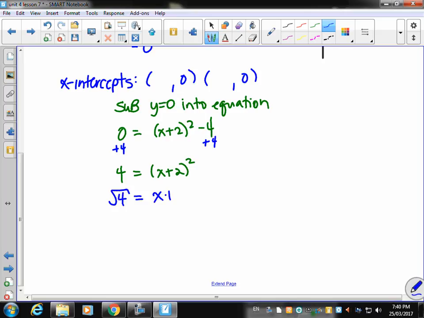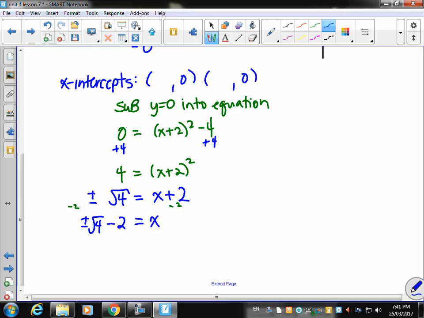But it is possible to square a positive number to get 4, or square a negative number to get 4. So I need to think about both of those possibilities. Last thing I'm going to do is subtract 2 from both sides.